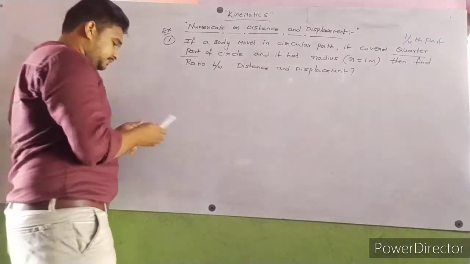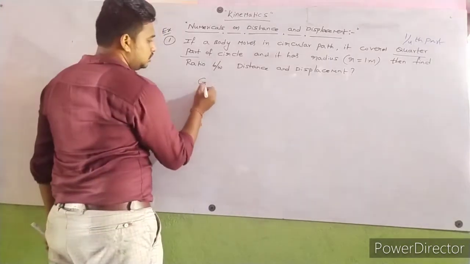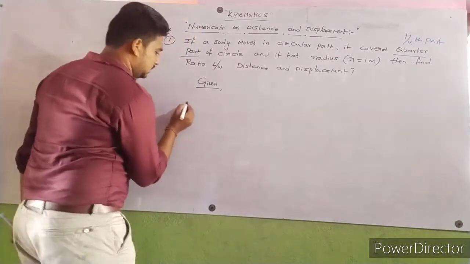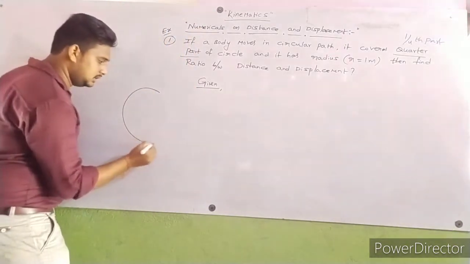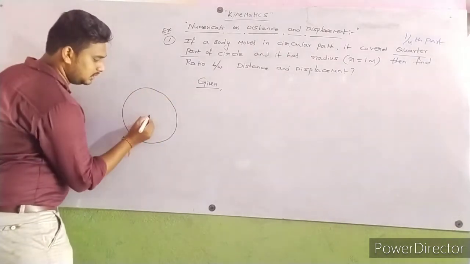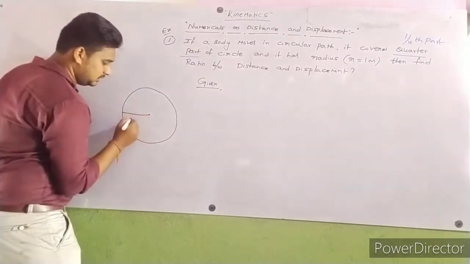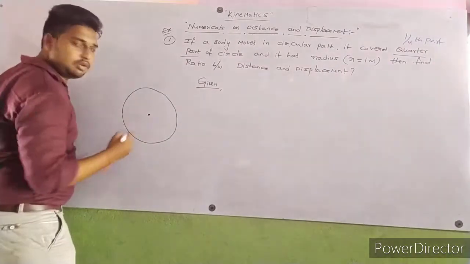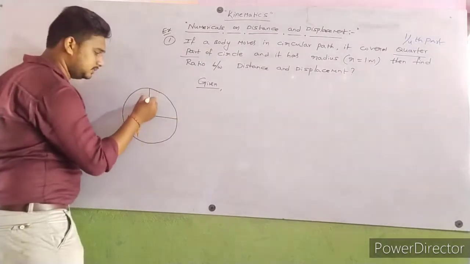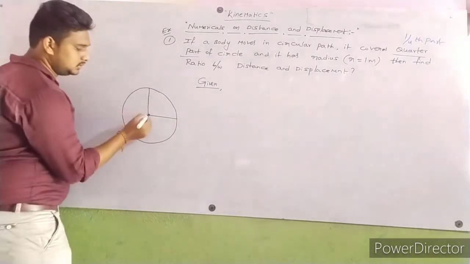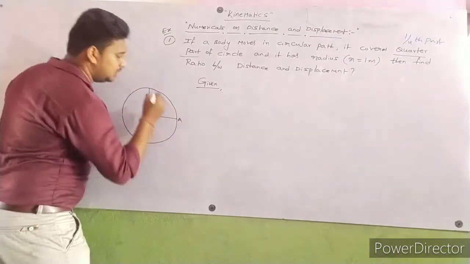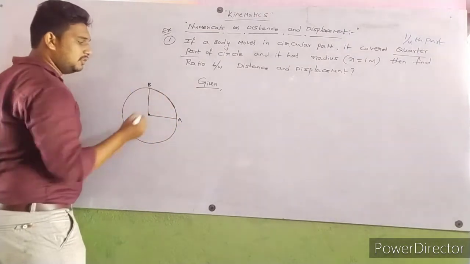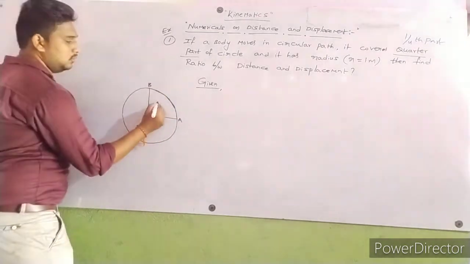Now, the solution. What is the given data here? The body moves in a circular path, so I'll consider a circle. The radius is given. A quarter part of the circle: this is the quarter part of the circle. The body moves from, I'll consider, A to B. It covers a quarter part of the circle, this is 1/4 part.